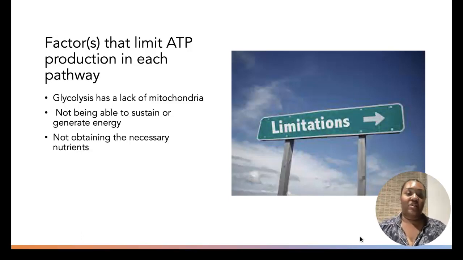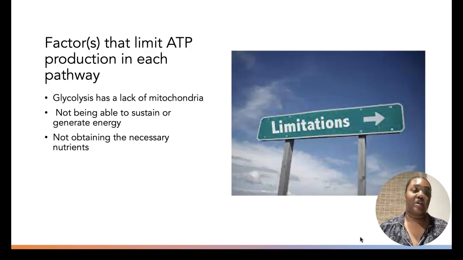Poor hydration is also significant in the limitations of ATP production in all of the pathways, just because without the necessary hydration, it all melts together. So if you don't have the necessary nutrients, you cannot sustain or generate energy. If you do not have hydration, you do not have the energy to sustain yourself when exercising or in the exercising environment.